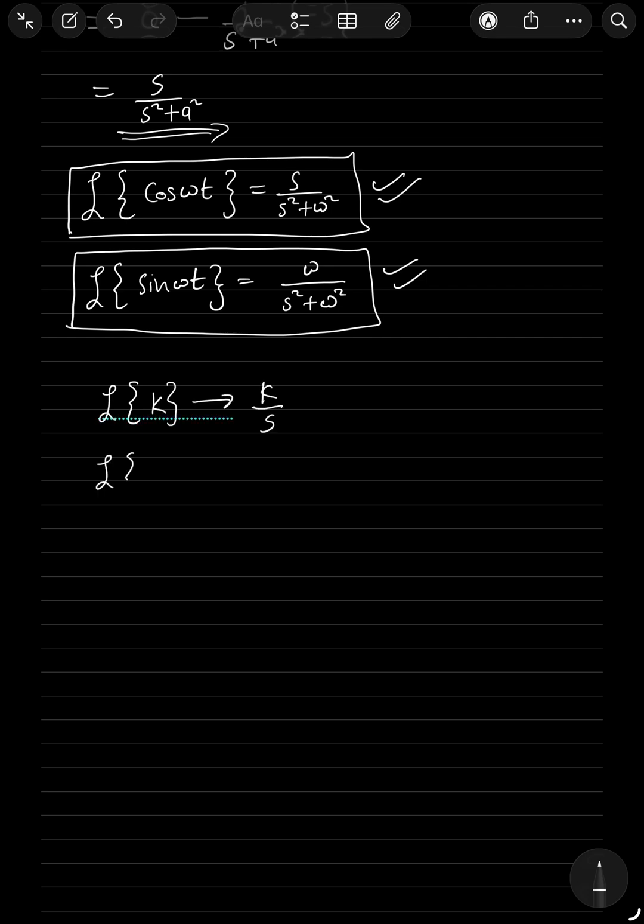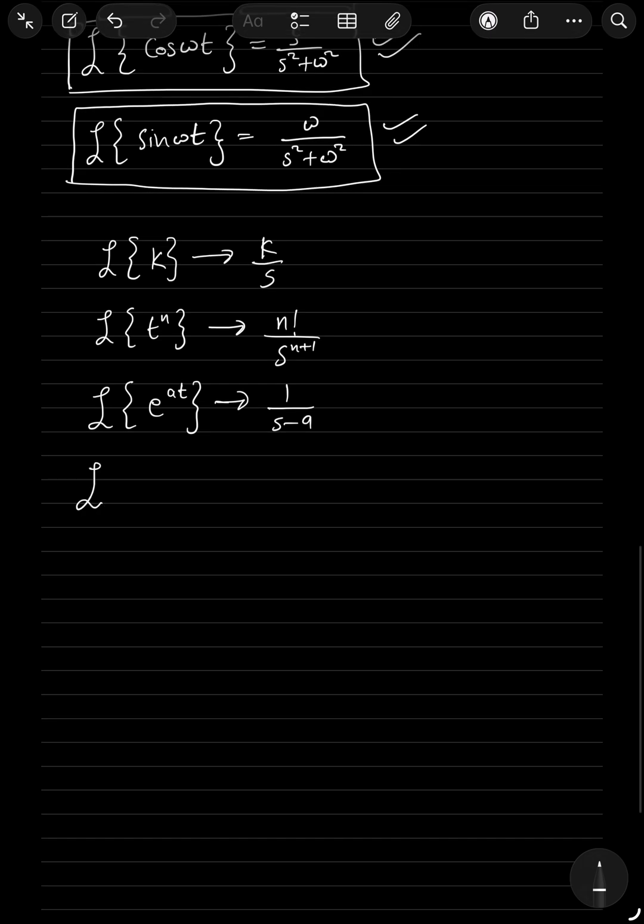The Laplace of t to the power n, a polynomial, we said this is n factorial over s to the n plus 1. The Laplace of an exponential function, we say this is 1 over s minus a, right?